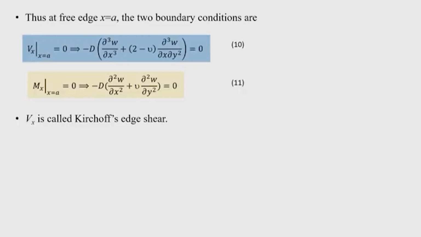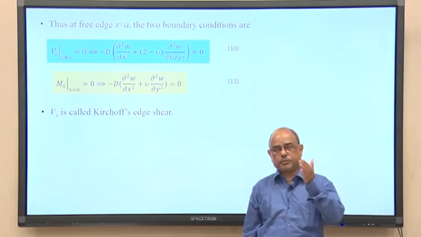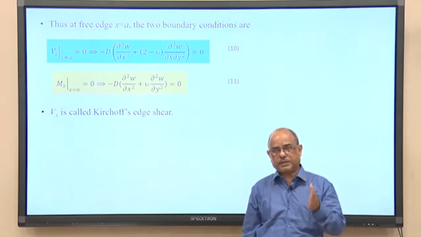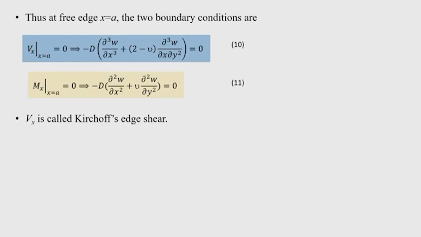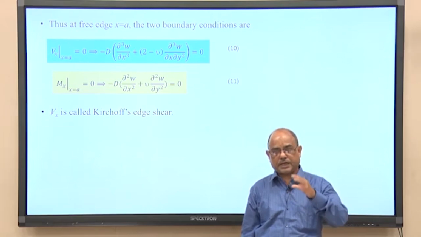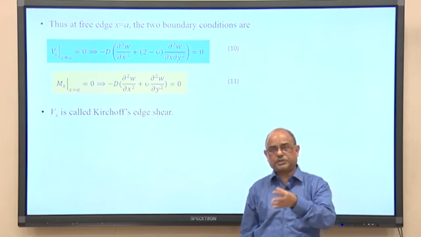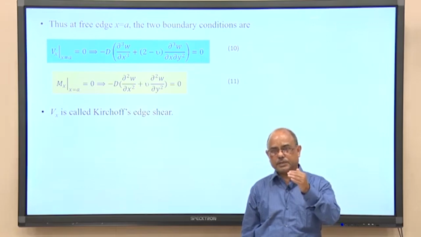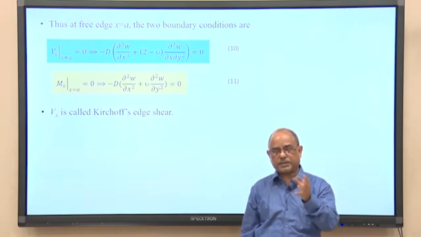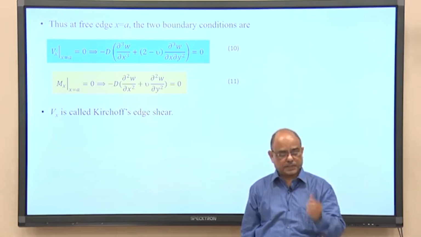That is a very important condition for the free edge, because originally Poisson gave three conditions: bending moment 0, twisting moment 0, shear 0. But twisting moment and vertical shear are combined to give the Kirchhoff's shear. So, ultimately the final condition is reduced from 3 to 2. It becomes easier after combining twisting moment and vertical shear force.